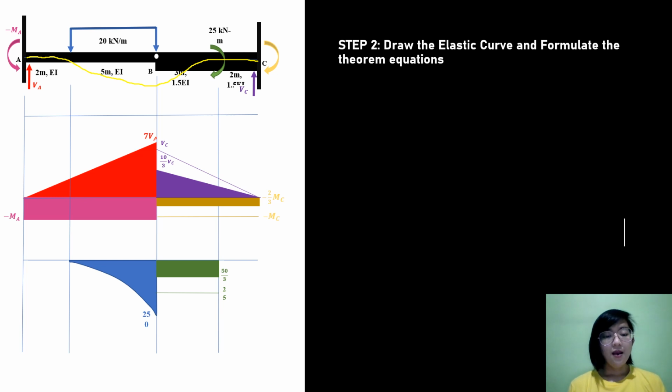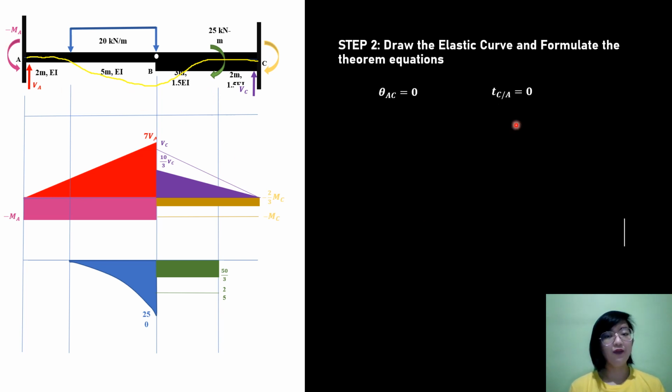So, from here, makakakuha tayo ng theorem equations. Makaka-formulate tayo from the diagram. So, malalaman natin dito na theta AC is equals to 0. And TCA, kapag nag-draw ka ng tangent line dito, TCA is equals to 0 then.